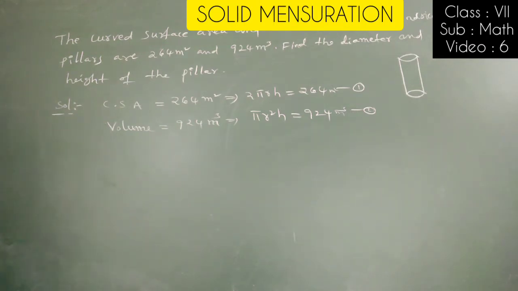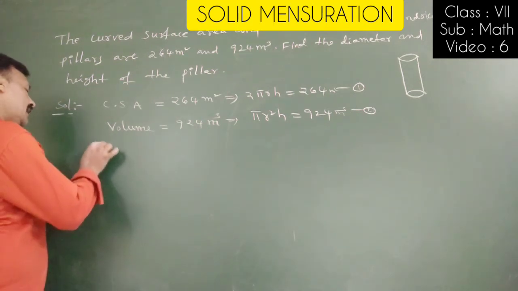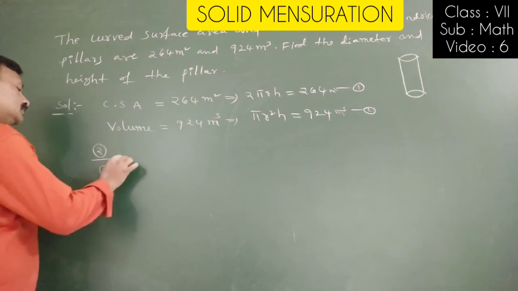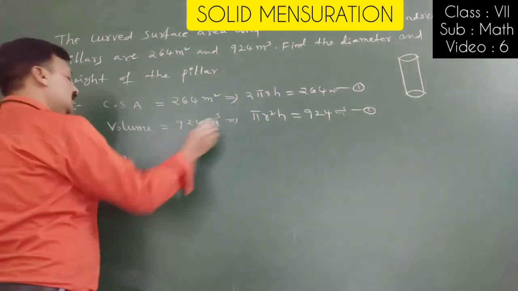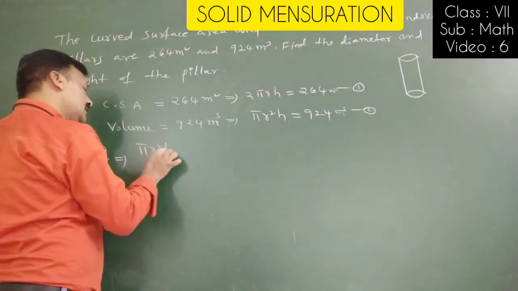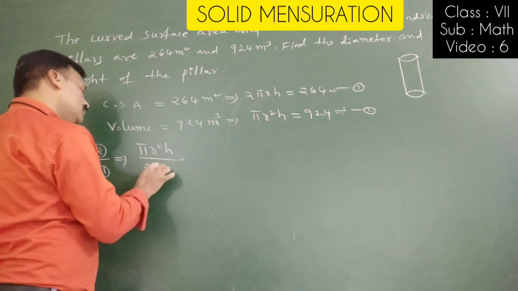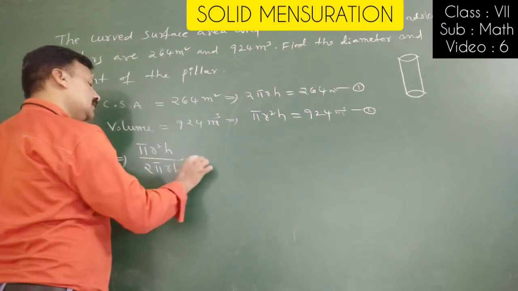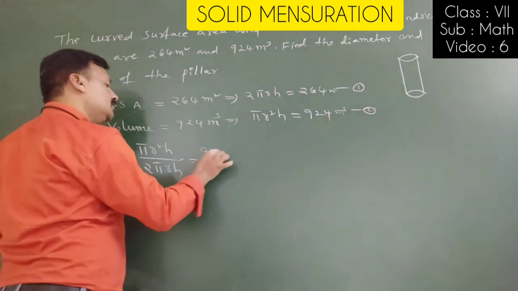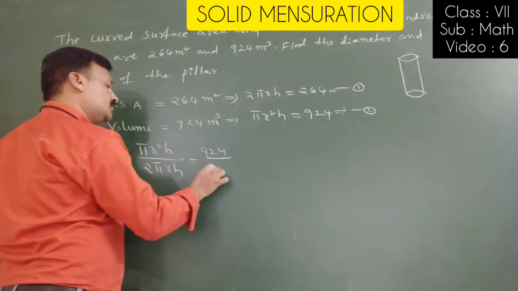First of all, we need to find the radius. Here, if you divide 2 by 1, that is pi r square h by 2 pi r h equal to 924 by 264.